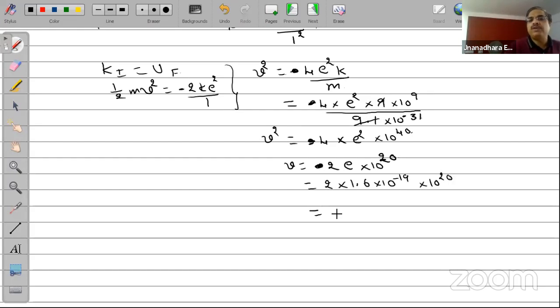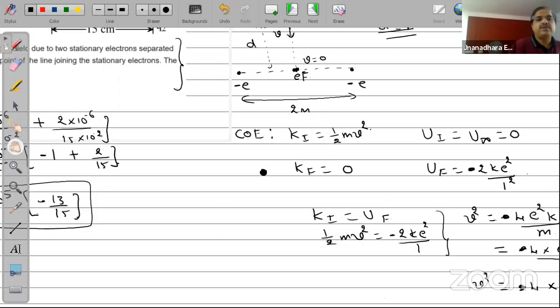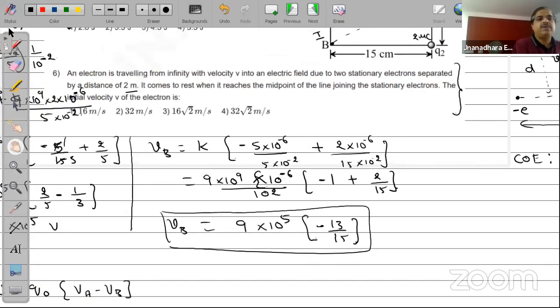So therefore, this will be equal to 3.2 into 10, so that will be 32 meter per second. So the answer to this question is 32 meter per second. It's a nice question on the conservation of energy part.